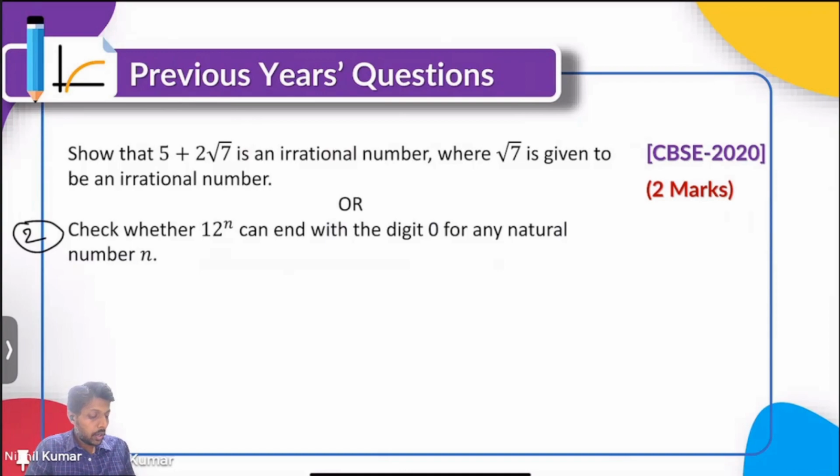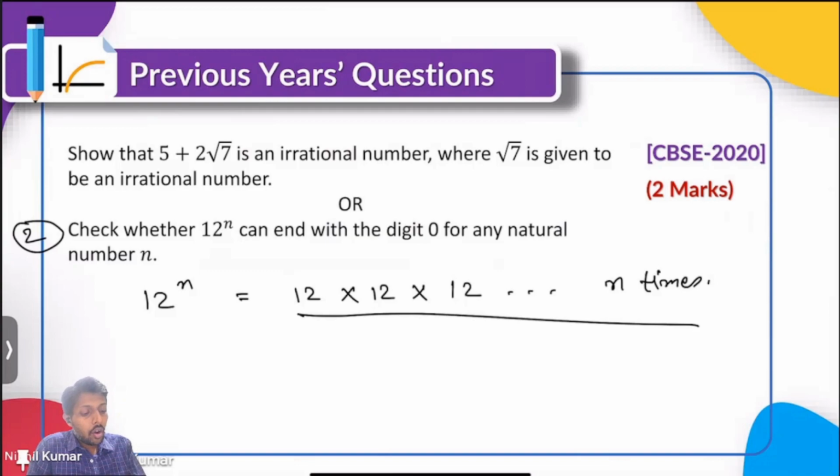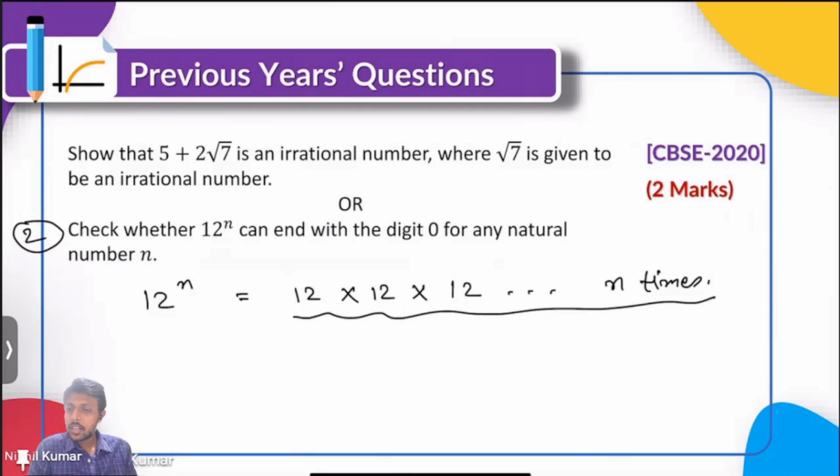So 12 to the power n can be written as 12 into 12 into 12, n times. 5 must be a factor of this for 0 to appear in this expansion, right? In other words, whatever we get here, it must get divided by 5.